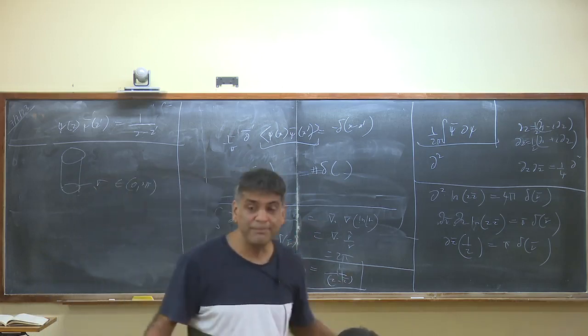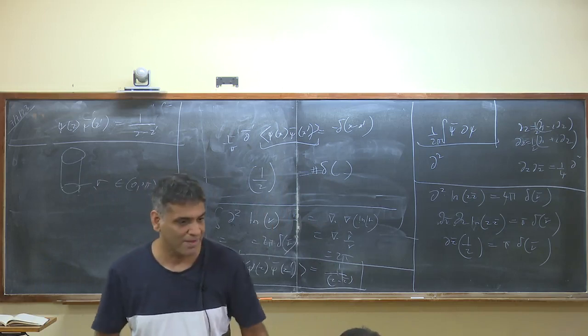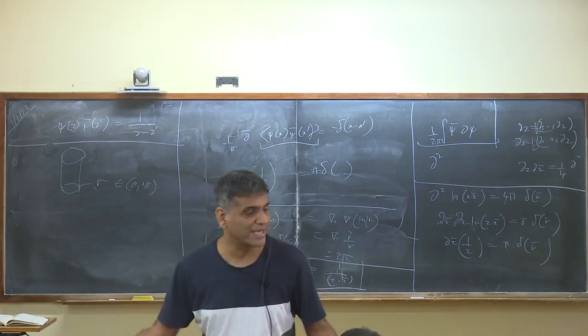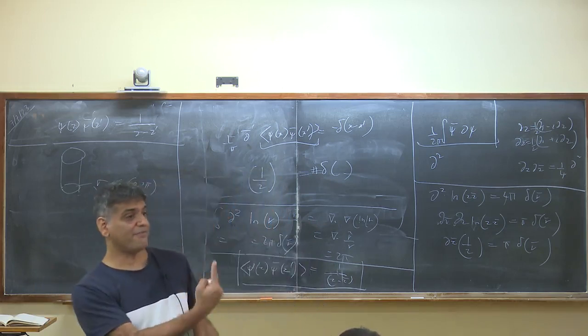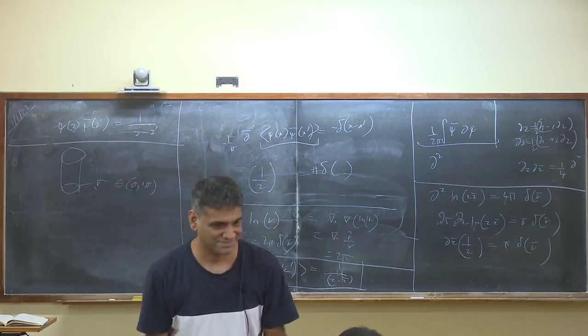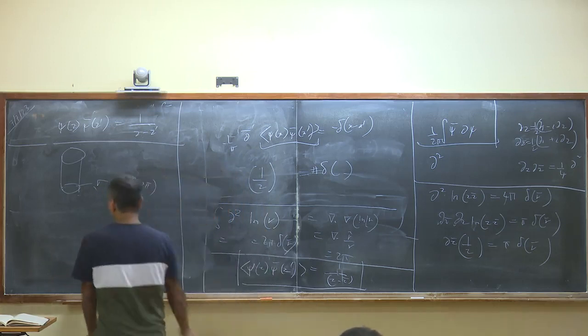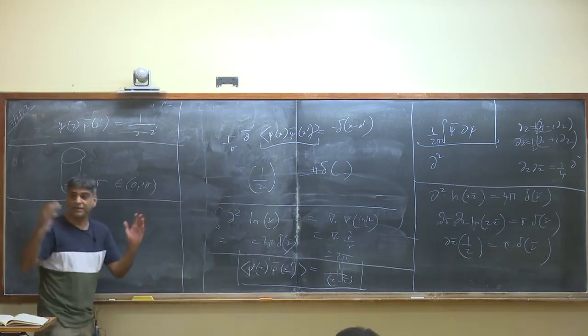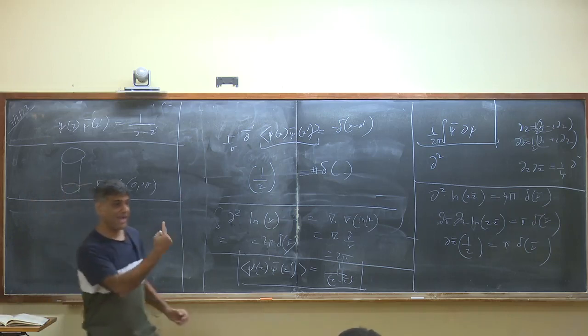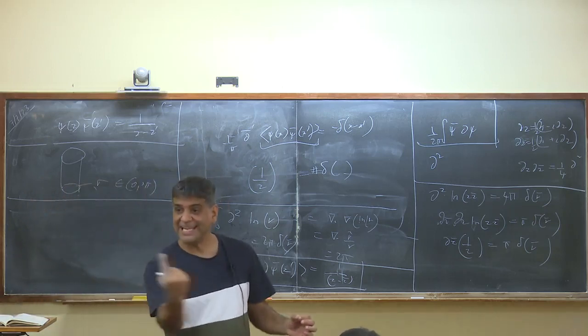But it turns out that the simpler of the 2 sectors is the one where you have a minus sign as you go around. Okay?